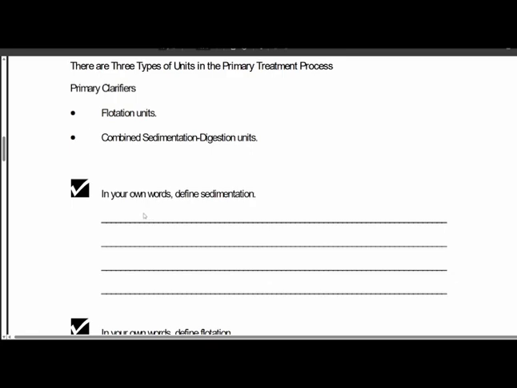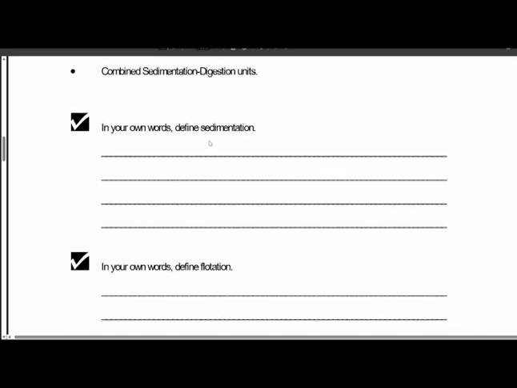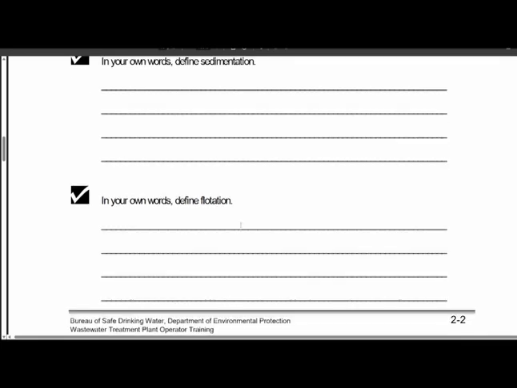Like when you introduce your polymer and it floats around and collects what it can and sinks to the bottom to make it heavier. So sedimentation is what sinks to the bottom. In my own words, define flotation. Well, it's all the lighter stuff that's lighter than water that goes to the surface.